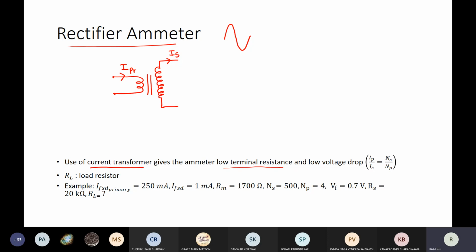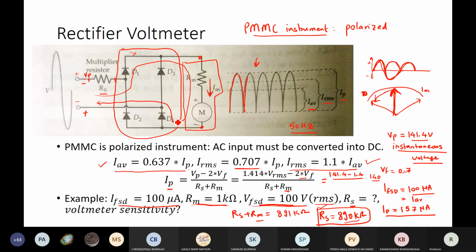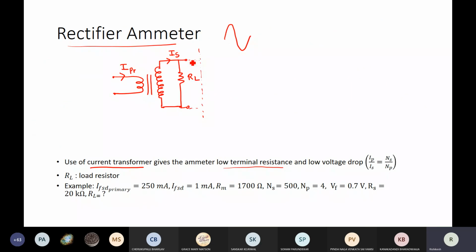Now in this, the secondary current is passed through a load resistance RL to generate a voltage here, let me say VL.